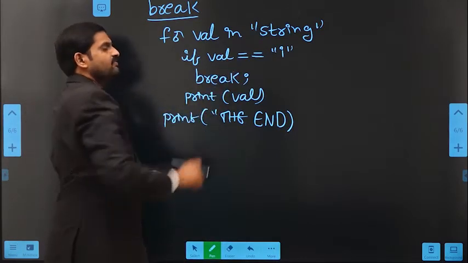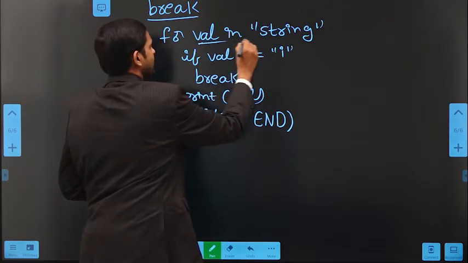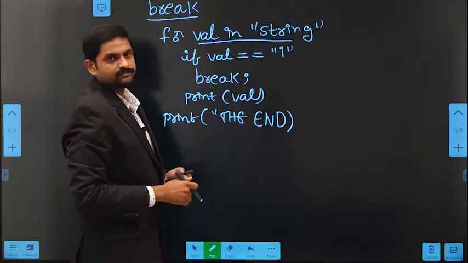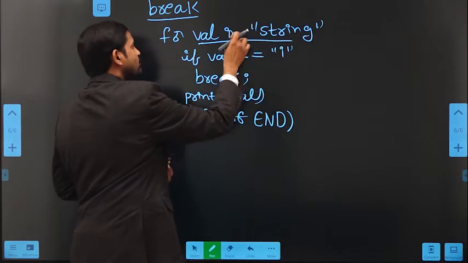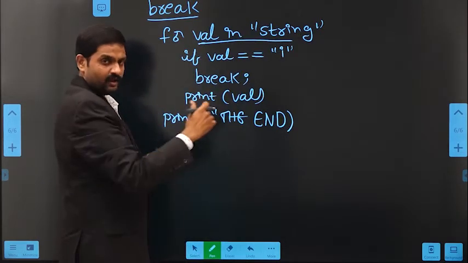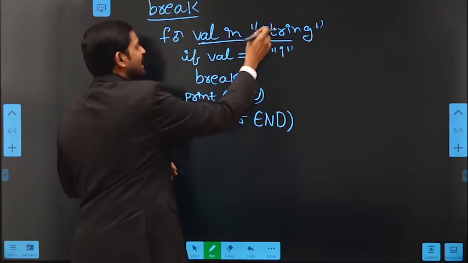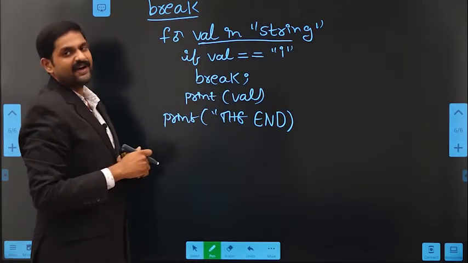This is the for loop in Python, for val in string. So, this is the string. Okay. Character by character values will be assigned to the val. While iterating the loop, character by character of the string is assigned to the val.